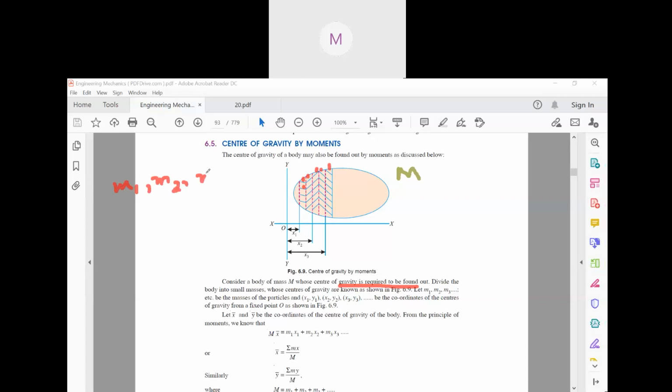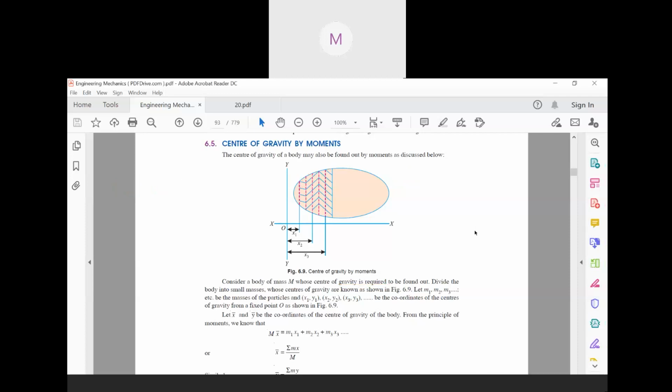Then m3, and so on, right? If you combine all this mass and we find out the coordinates, then you can find out the center of gravity.